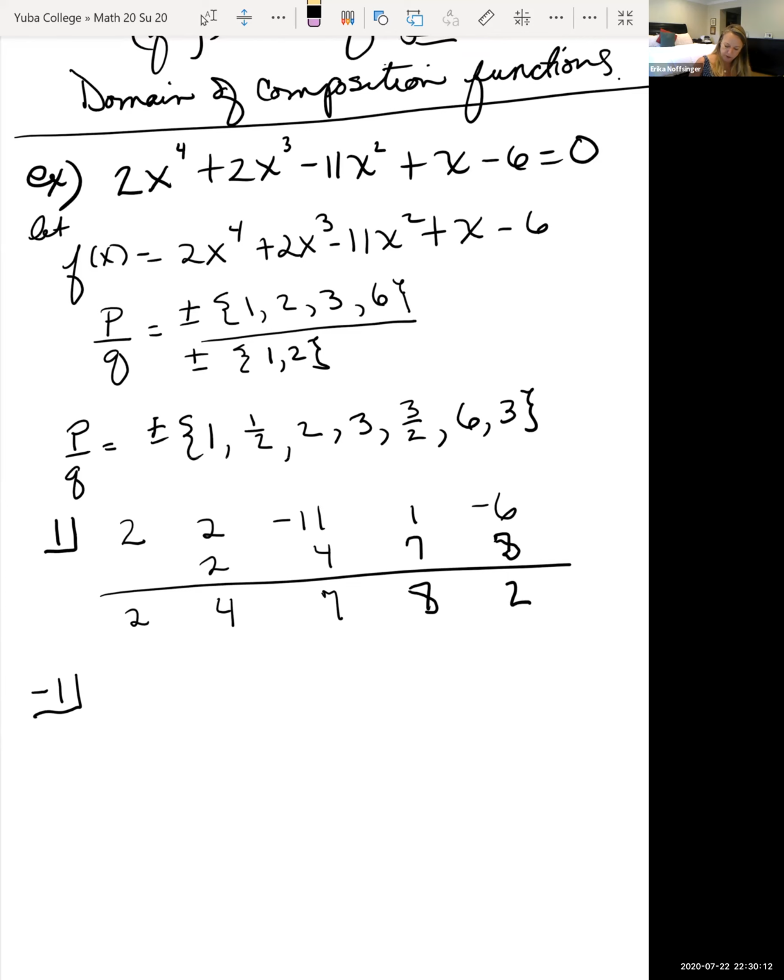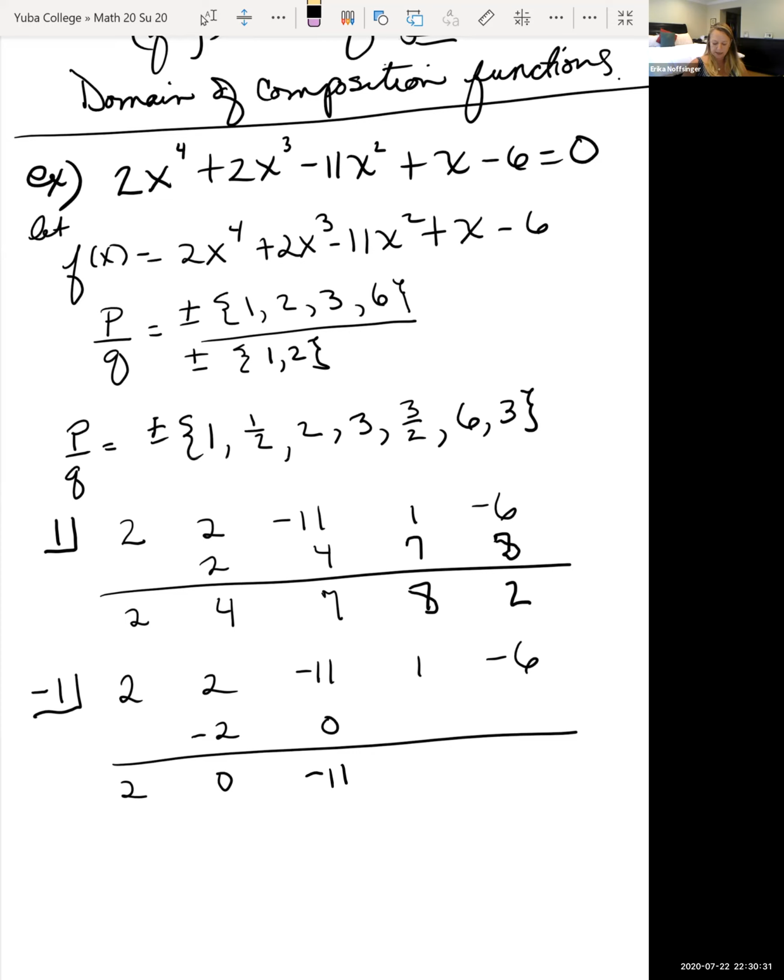So again, let's rewrite this. 2, 2, negative 11, 1, negative 6. Let's bring down 2. Negative 1 times 2 is negative 2. 2 minus 2 is 0. 0 times anything is 0. Negative 11 plus 0 is negative 11.